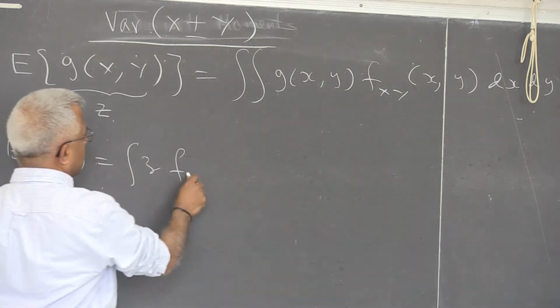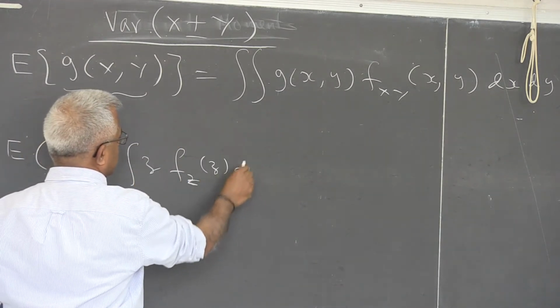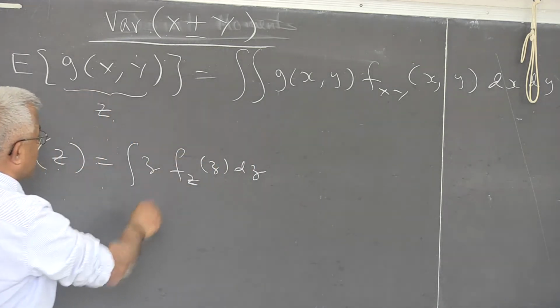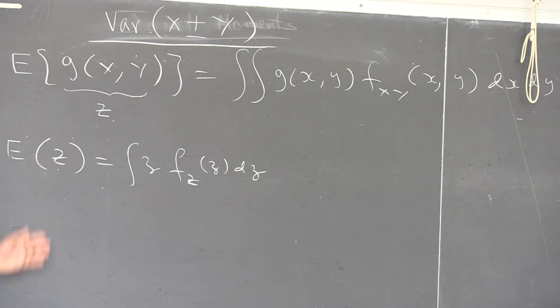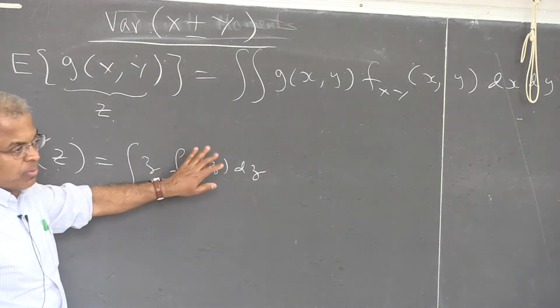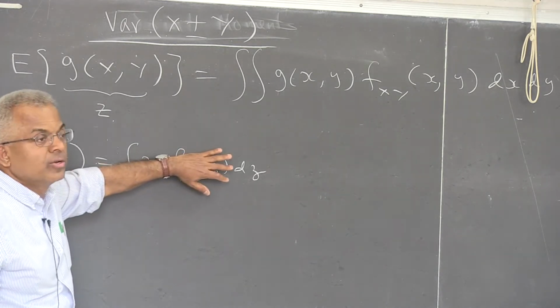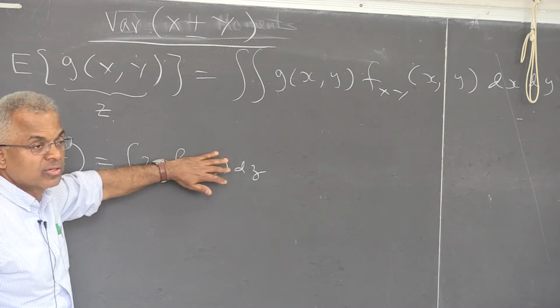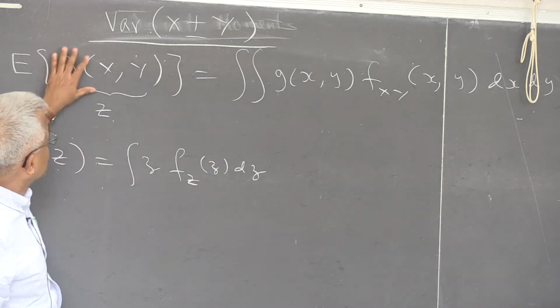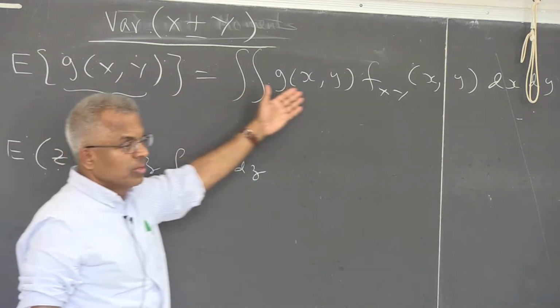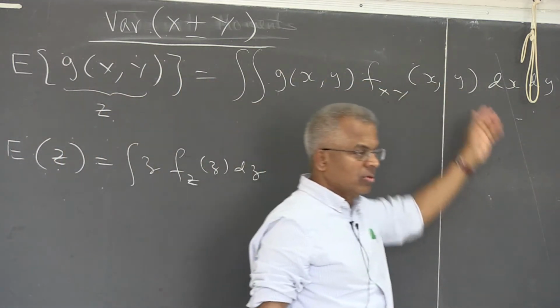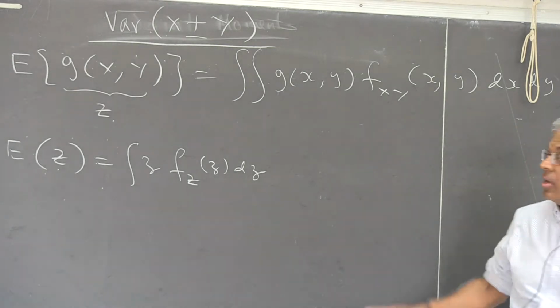You could do it this way: simply find the density function of z and then find the expected value of z. But the disadvantage is that you need to find the density function of z. Whereas if you are just interested in an average value of this random variable, as we saw, in general you could also use this expression.